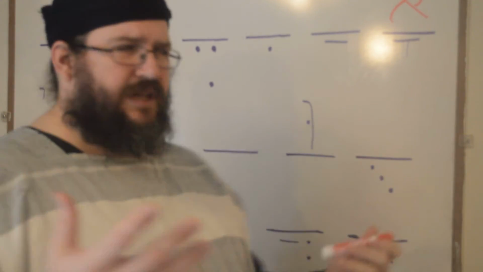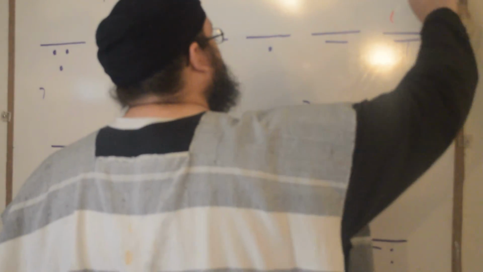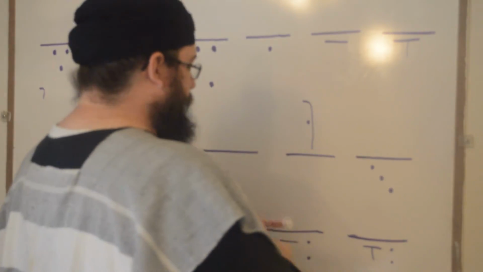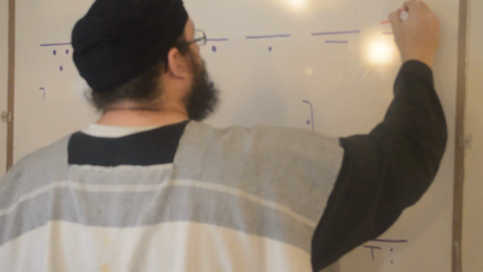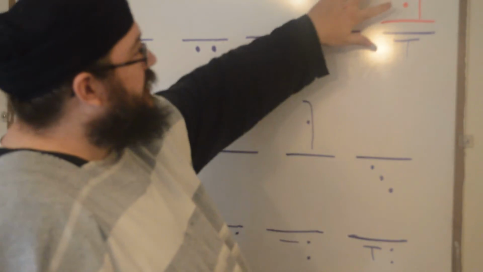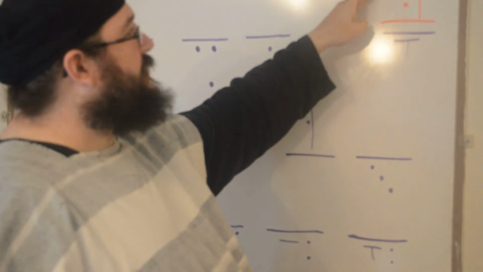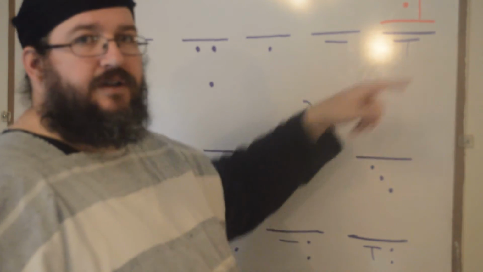So if I use a different consonant, for example, a bet, and a bet, remember, has a dot in the middle. A vet doesn't have the dot. So a bet is b, and then ah, so it's ba. Okay?